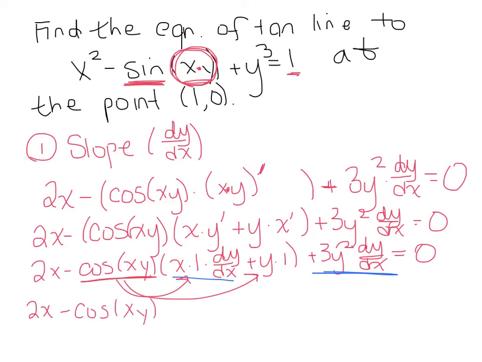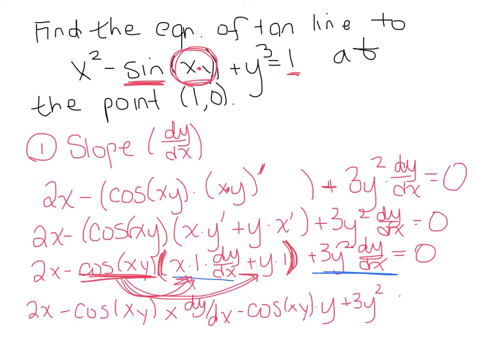So it looks like it's cosine of xy times x times dy/dx, and then another cosine of xy times y, right? Distributing this cosine of xy, it is times this entire piece of the product rule. So you get it in the first term and in that second term, and then you still have your 3y squared dy/dx equaling 0.